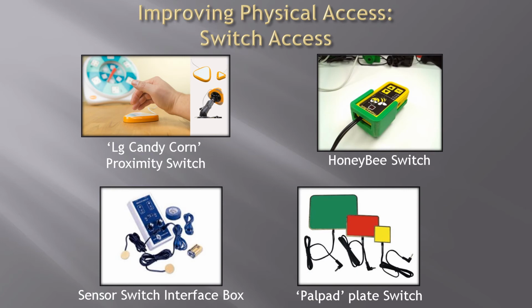The sensor's switch interface in the bottom left corner provides a very sensitive switch activation system for up to 2 switches. The sensor pad is taped to a part of the person's body where there is a reliable movement of a small muscle group.